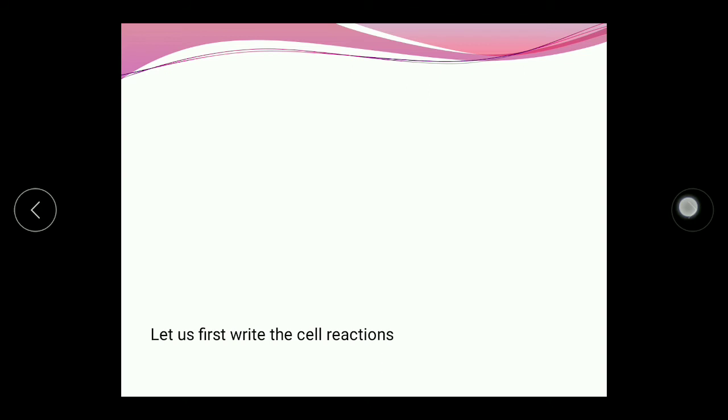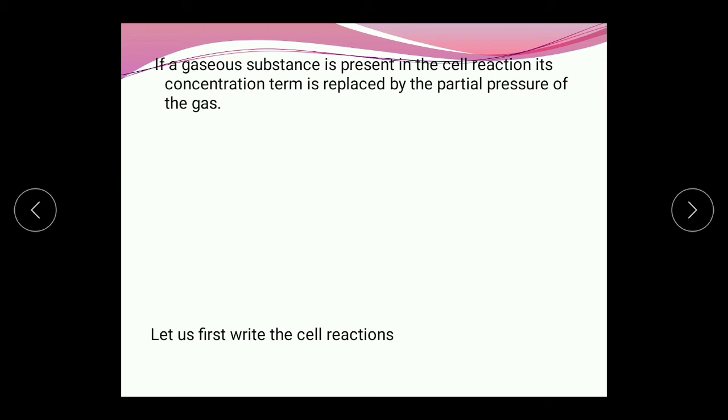If a gaseous substance is taken, now the conditions again change. Instead of liquid, if a gaseous substance is present in the cell reaction, its concentration term, that is concentration of A, B, C, D, is replaced by what? By the partial pressures of the gas. Because the gases are different, if we consider total pressure, then we have to add those partial pressures.